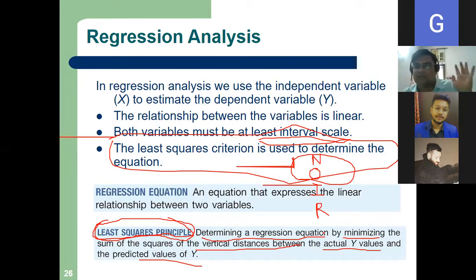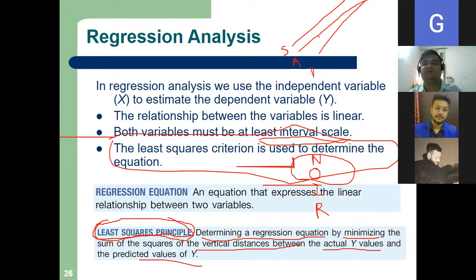Suppose three students, Saman, Abhishek and Rishabh, have each drawn a line. Try to understand. This is Saman's line, this is Abhishek's line, and this is the line by Rishabh. Three students have drawn three lines. Now I have to understand which one is the regression line. For that, I will calculate the distances from the line.